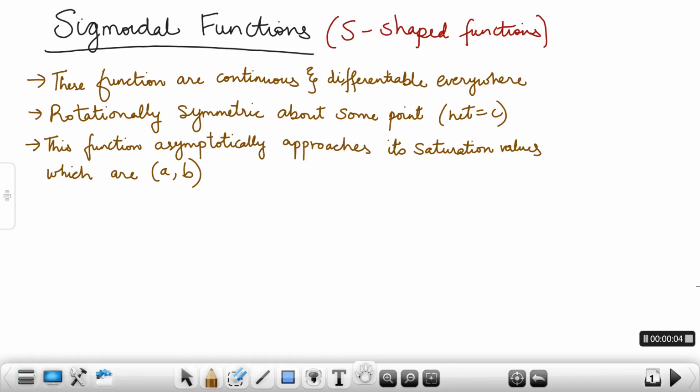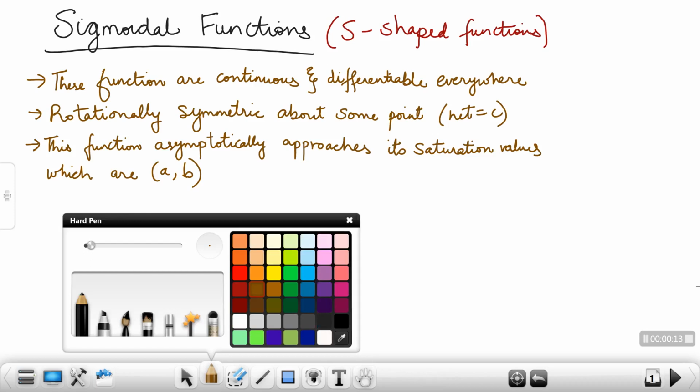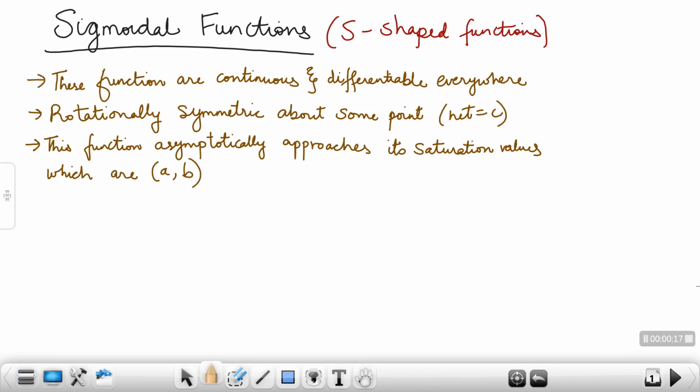Let us have a look at one more category of activation functions, which are called sigmoidal functions. Previously we have seen different functions, and I will concentrate on two types. We have seen a unit step function, which varies between two values, 0 and 1.